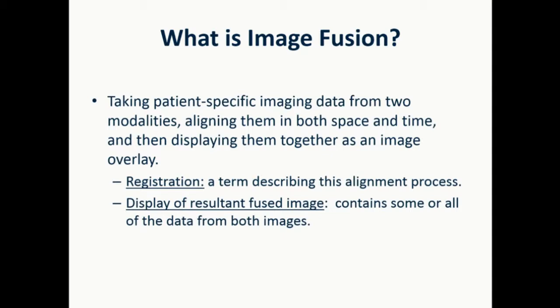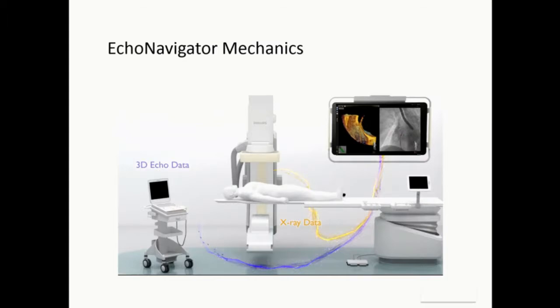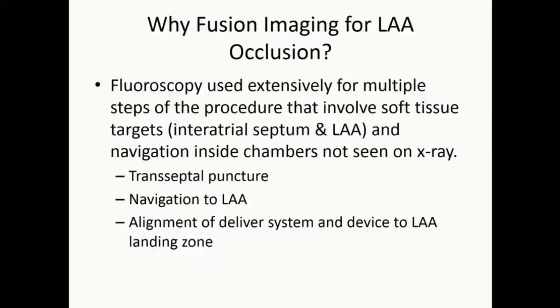So what is fusion? It's taking two patient-specific images and bringing them together, lining them up in time. Registration is the process involved with aligning. And then how you display the resultant fused image is really specified by what task one is performing. And so this shows the two input data, the stream of fluoro data and the stream of 3D echo data, although it can be 2D and Doppler data as well, that are fused together.